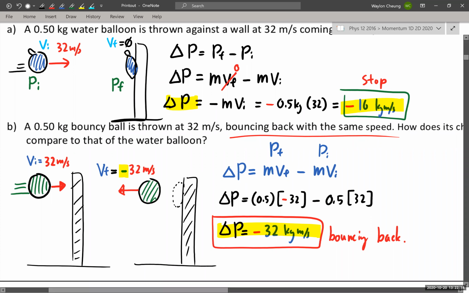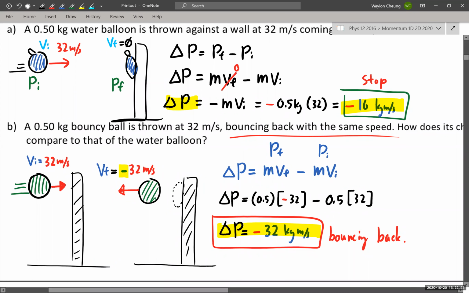That will cause more stress on your fist, for example, if you are the goalie. Or when someone throws you something, it's always better to just stop it versus punching it back. It doesn't matter what it is, a ball, a basketball, or an apple. If instead of catching it, you decide to punch it back, that hurts more than catching it. So the change in momentum is going to be some kind of impact on you.